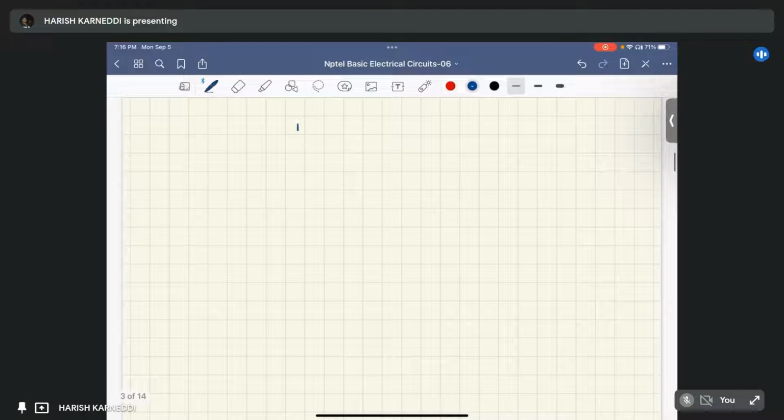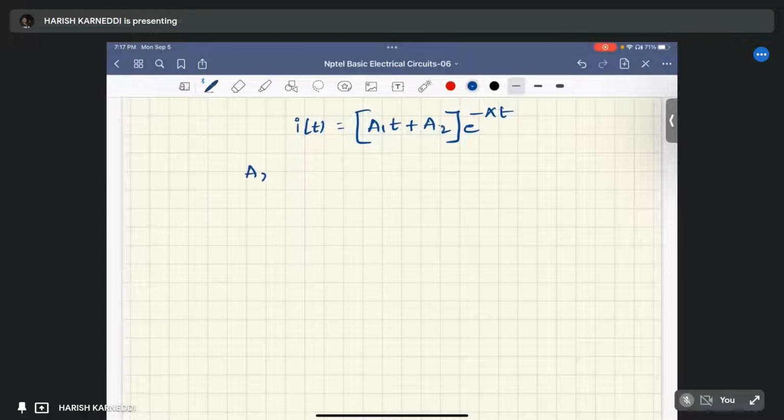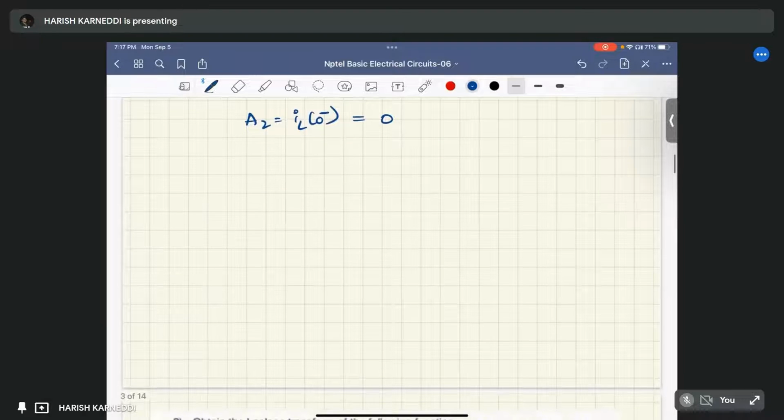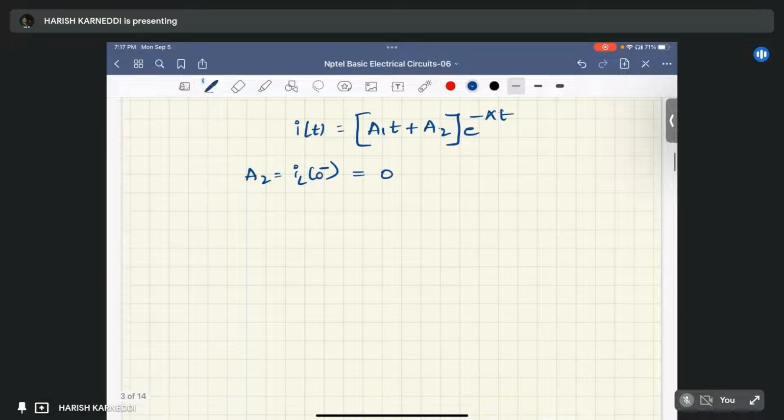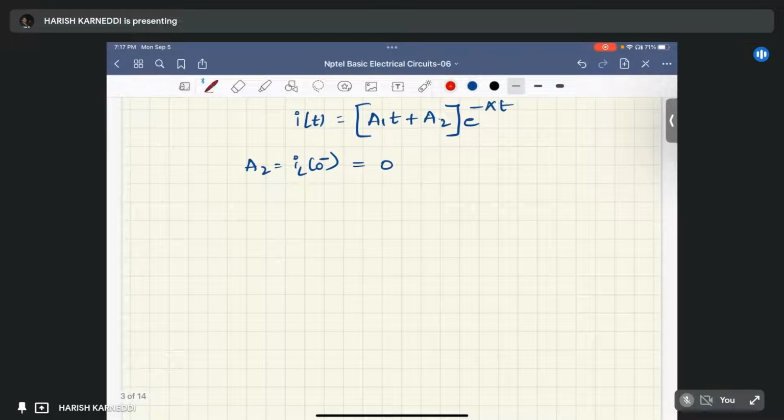The response of the current i of t equal to (A1 t plus A2) into e power minus alpha t, right? What's the A2? A2 here is IL of 0 minus, that is already we saw this thing, it is 0. Then how to find out this A1? You can apply the initial values.